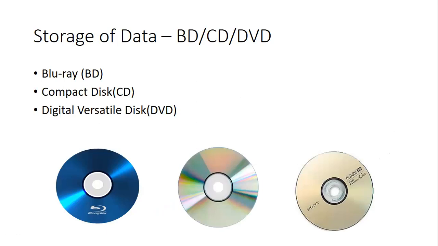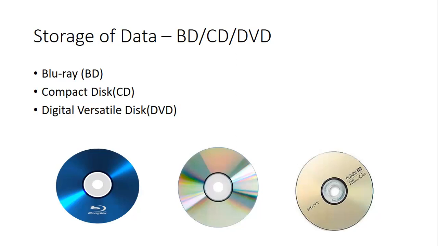Next, the storage still started evolving, and then we had CDs, DVDs, and Blu-ray discs. All these different storage mechanisms started evolving, and they are still relevant in the industry. This may not be the case as of today, but at one point of time, people used to have a stack of CDs or DVDs containing a lot of information.